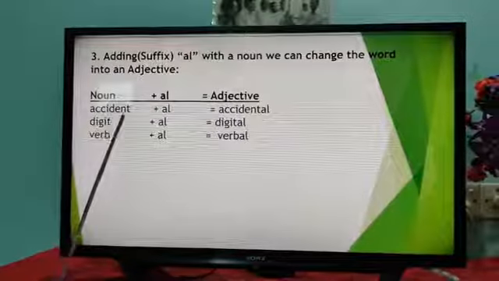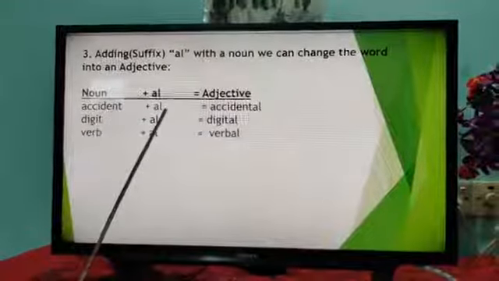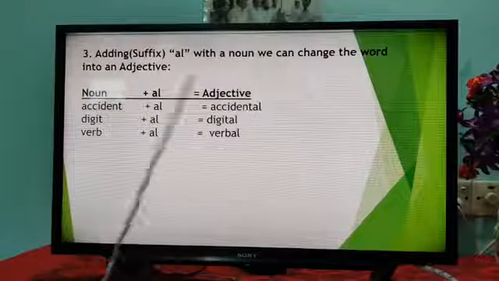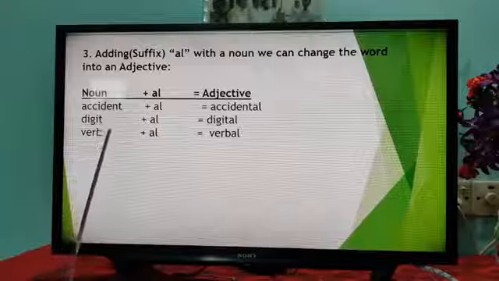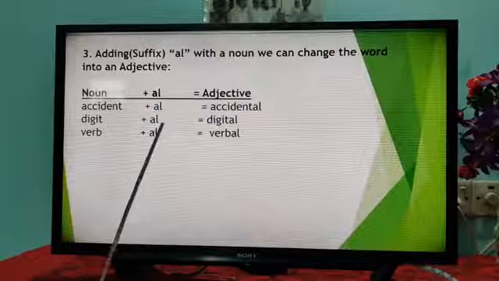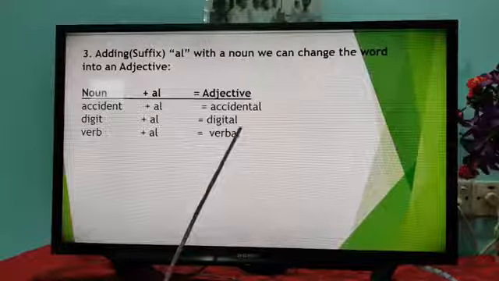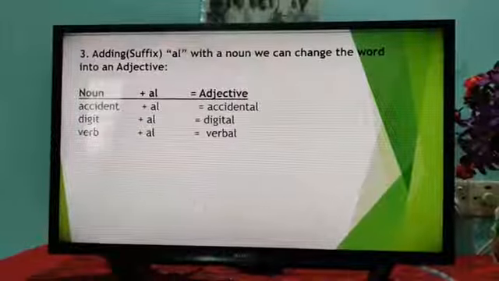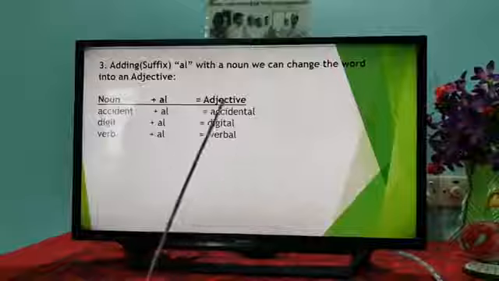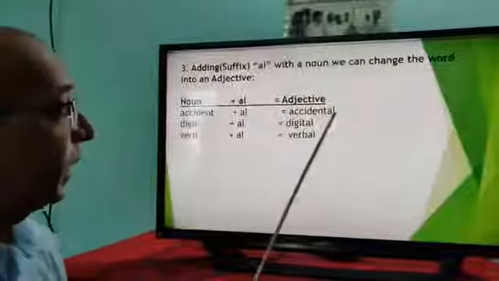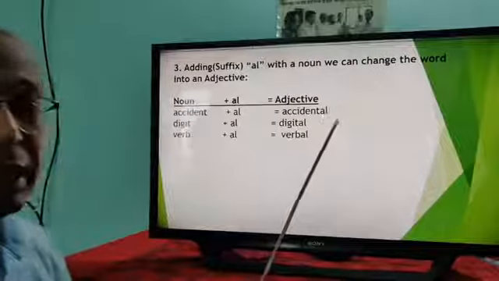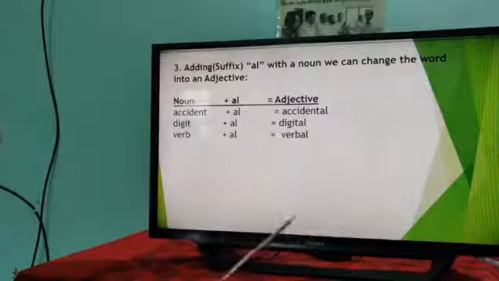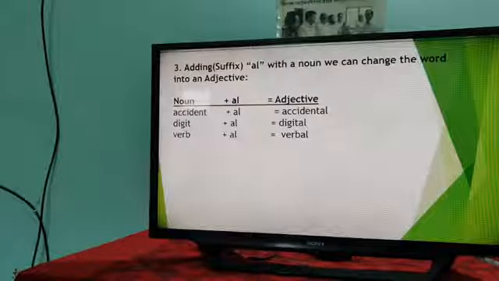Here accident, noun, al, suffix, accidental, adjective. Digit is a noun, al is a suffix, and digital is an adjective. So a word that ends with al with a root word is called an adjective. Clear? Please write them down.